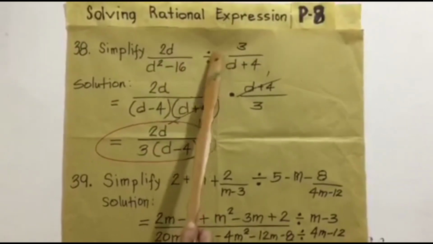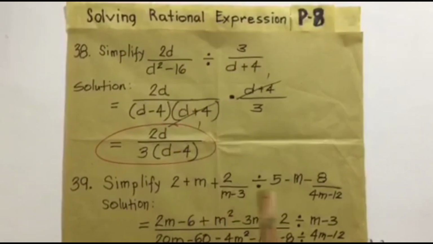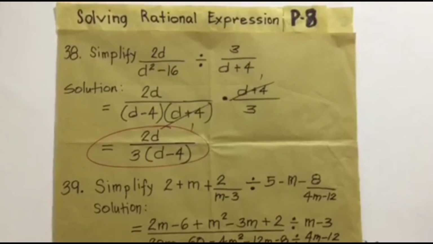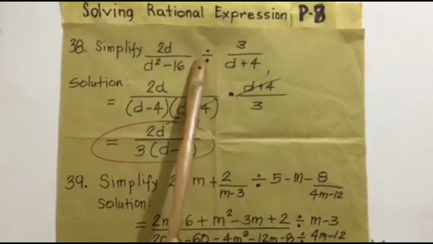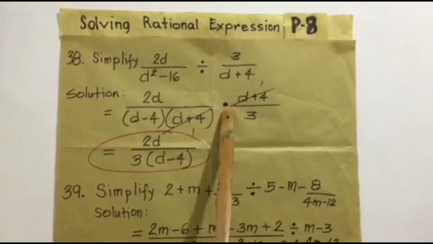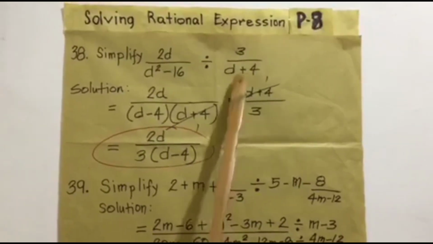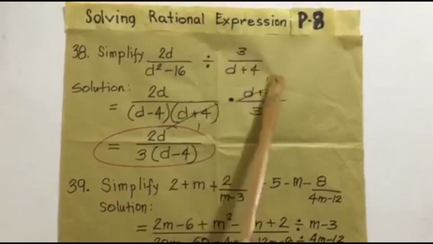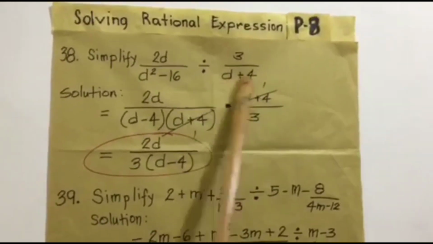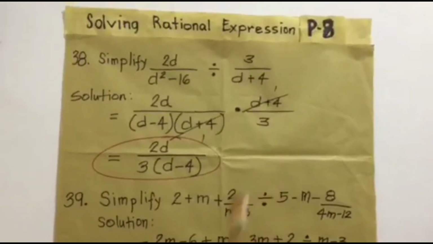And for the division, since we're using the reciprocal method, the reciprocal of division is multiplication, so we have to invert this. The numerator becomes the denominator, and the denominator becomes the numerator.